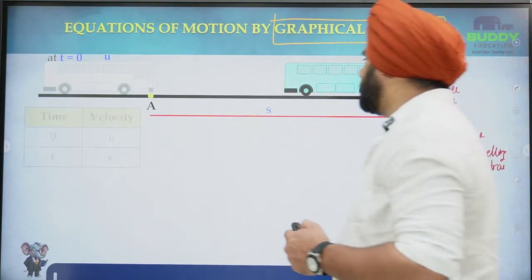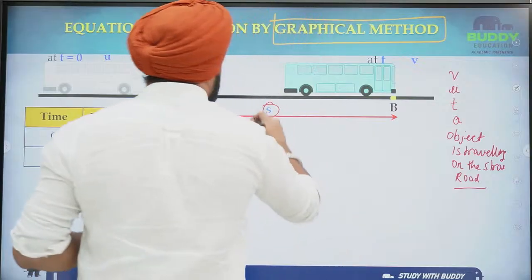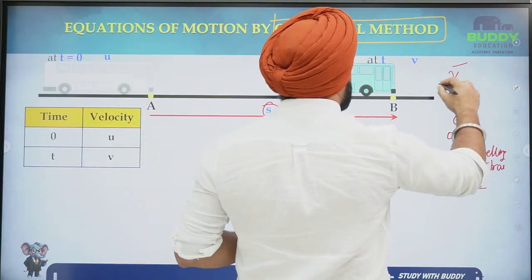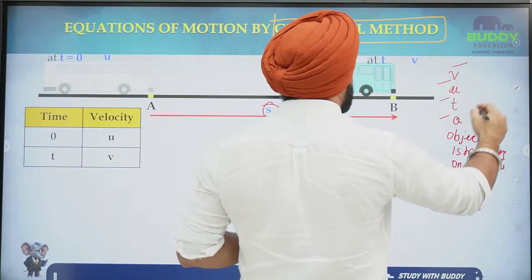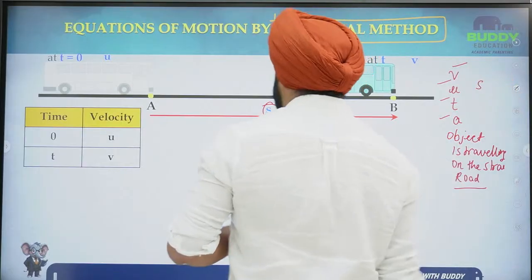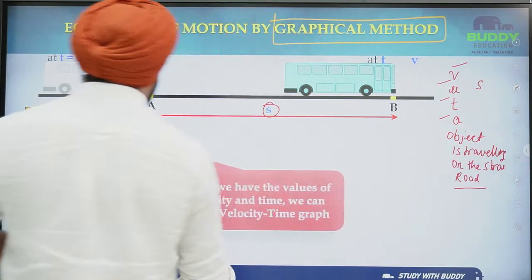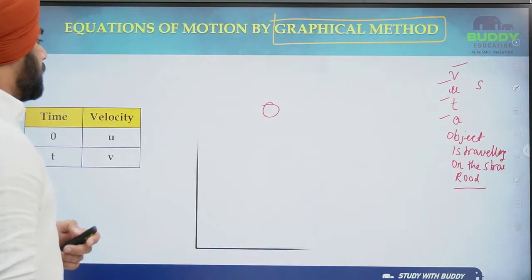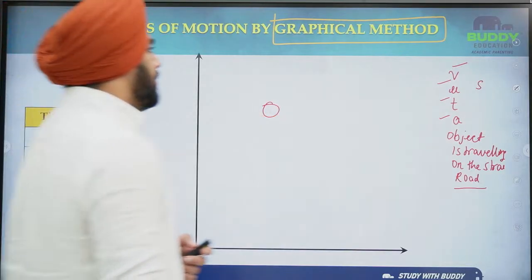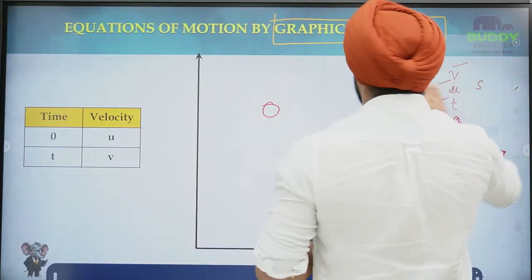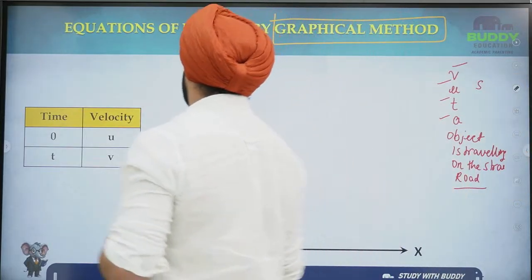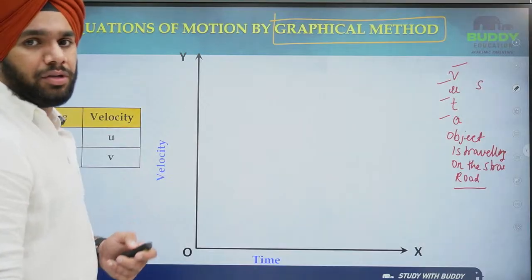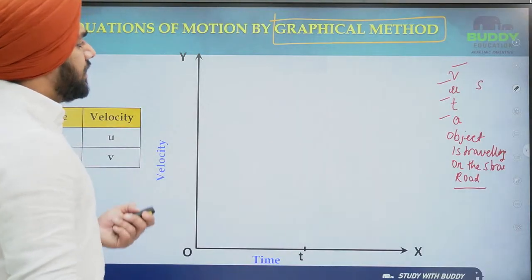Now s be the displacement here. So v is the final velocity, u is the initial velocity, t is time, acceleration is a, and displacement is s. Let us draw the velocity time graph for the bus traveling on a straight path. On the y-axis we have the velocity, on the x-axis we have the time.